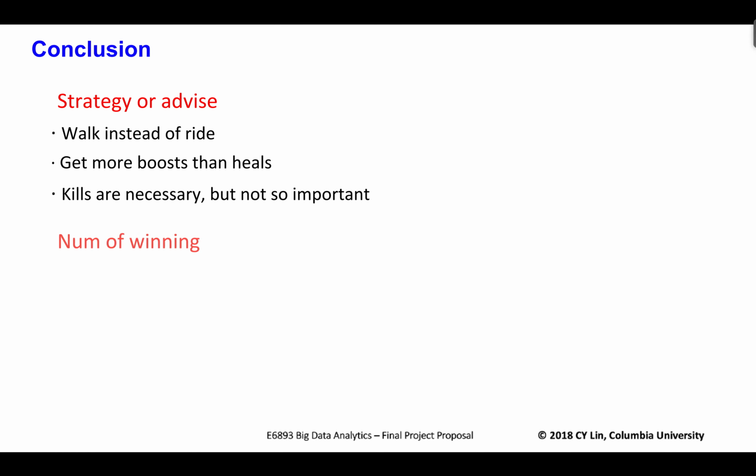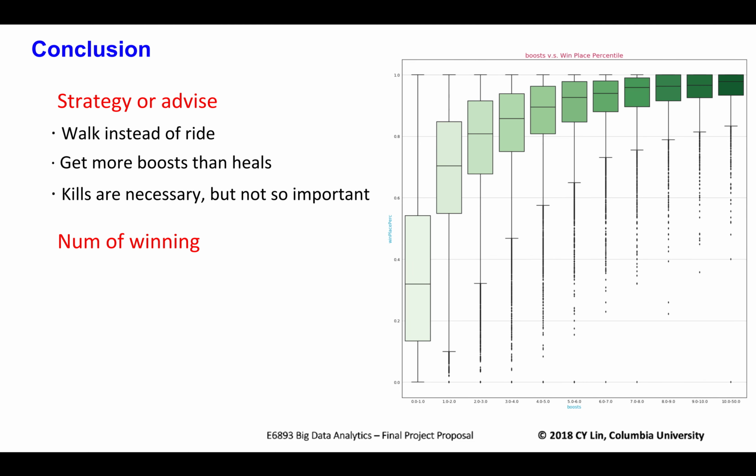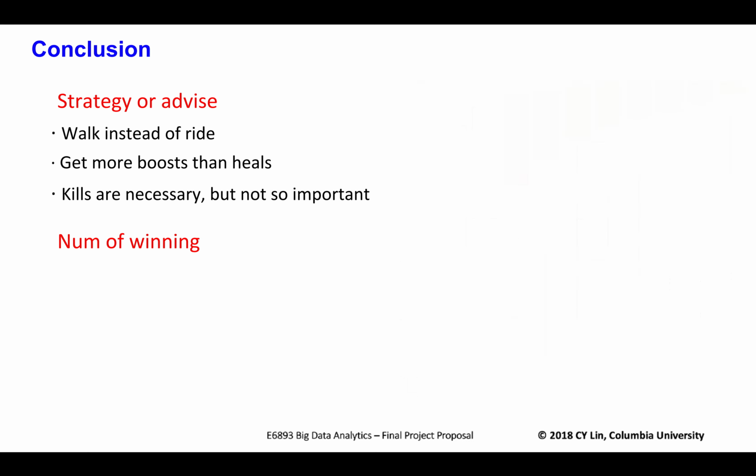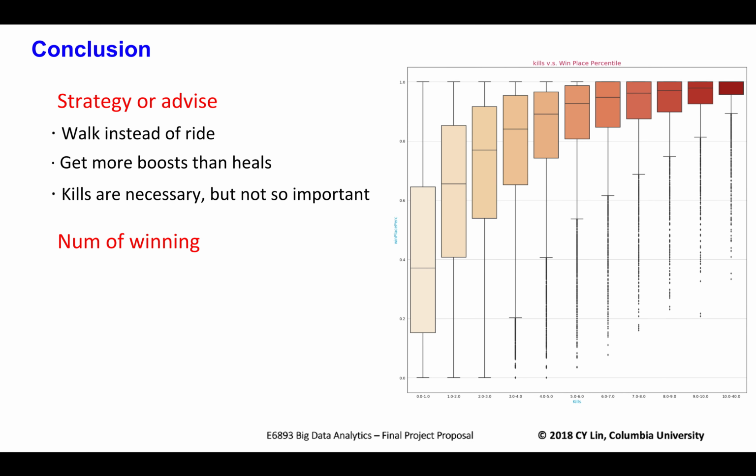We also drew some box plots between the group features and the win place percentile. We can use the median value of each group to represent the average performance, and then we can conclude some feature numbers as reference.